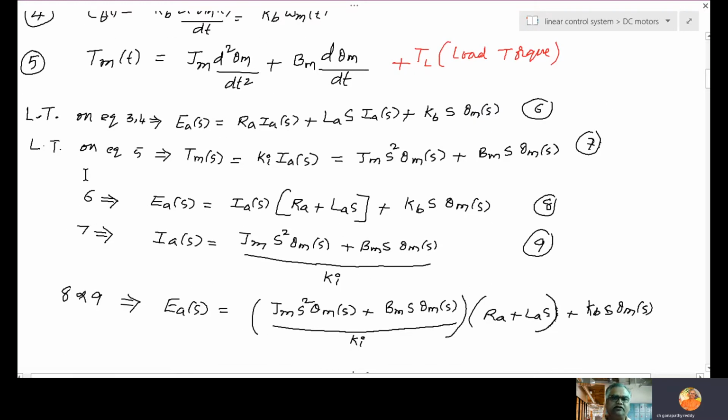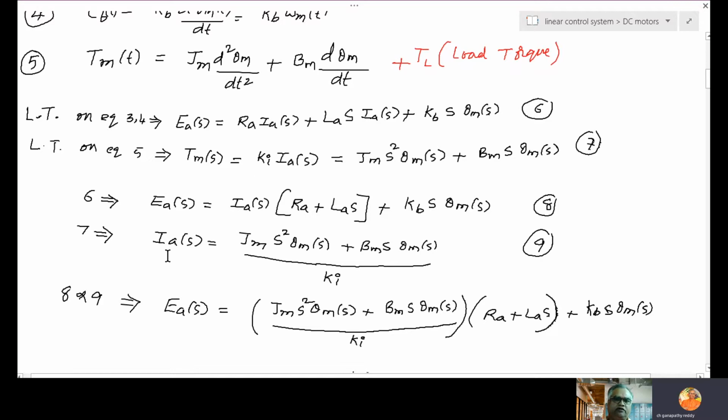Now in the sixth equation, take Ia of S common, because we have to eliminate this one. We are trying to solve for theta m of S divided by Ea of S. So the sixth equation, Ea of S equals Ia of S common, you get the eighth equation, and solve the seventh one.